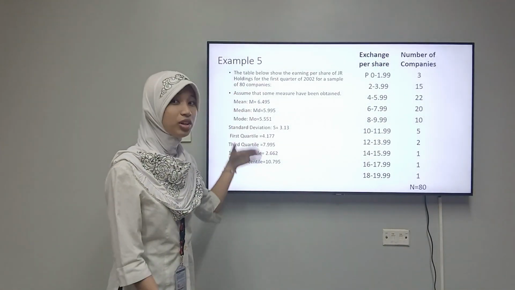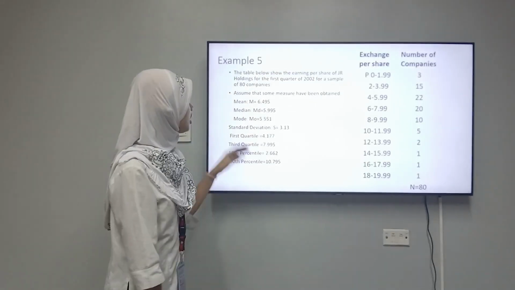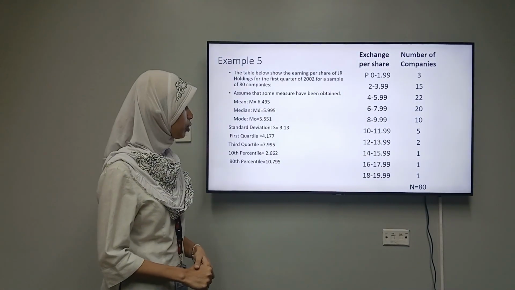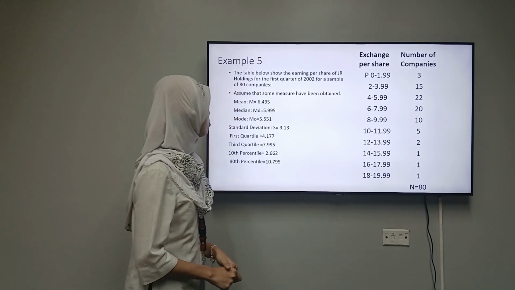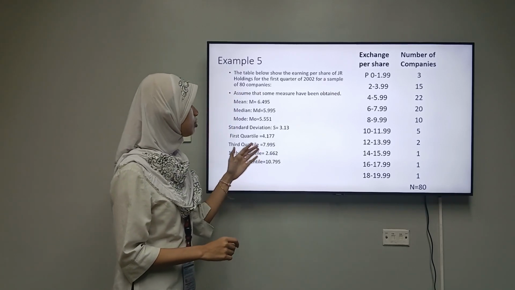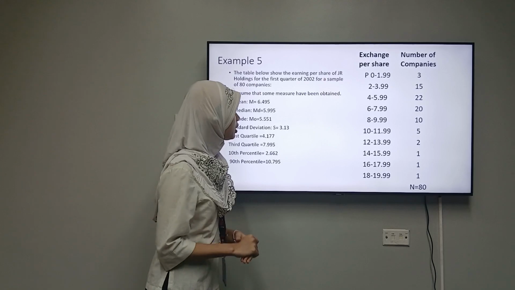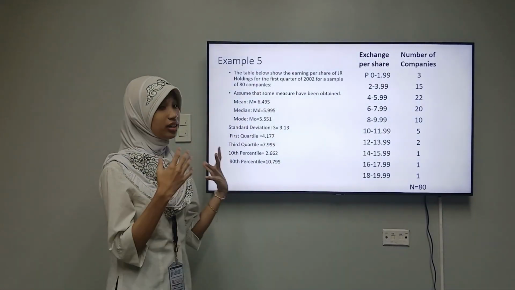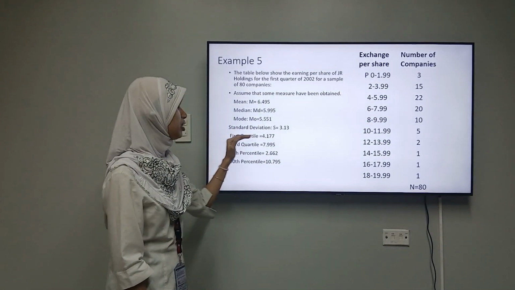Example number 5, which is the last example. The table below shows the earnings per share of JR Holdings for the first quarter of 2002 for a sample of 80 companies. Assume that the sample measurements have been obtained. In this example, the mean, median, and mode are already given, as well as the standard deviation.